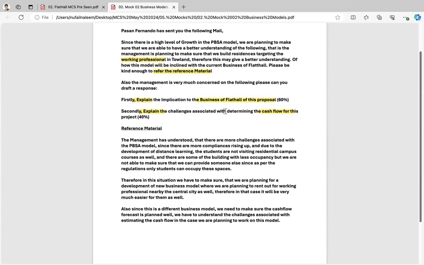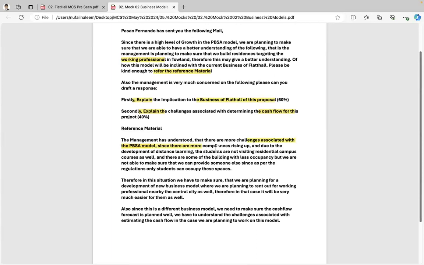Now, let's go through the reference material. The management has understood that there are more challenges associated with the PBSA model, since there are more compliances rising up, correct? Can you remember, one of the compliances is students only must stay.